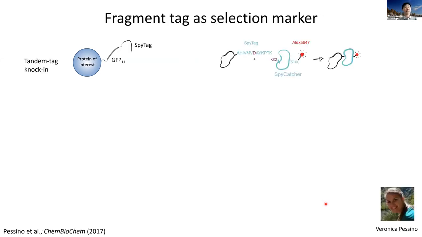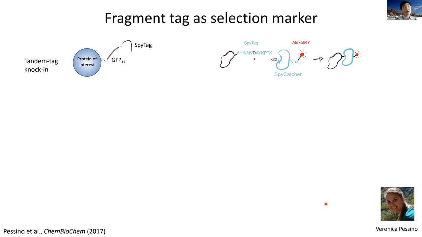Very similarly, Veronica Bacinos, another grad student in the lab, who has now finished her postdoc and is working at a startup, has been looking at tagging proteins with SpyTag so that we can use the high-affinity SpyCatcher for efficient labeling after fixation.